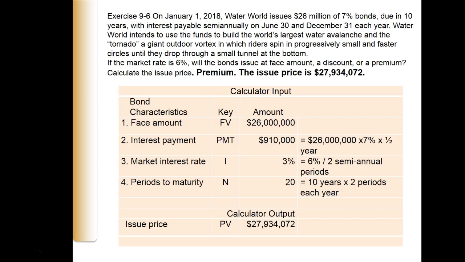So the way we calculate the bonds is the 26 million bonds would be the face amount. The interest payment is 6%, so that would be 3% per period, and there will be 20 periods.